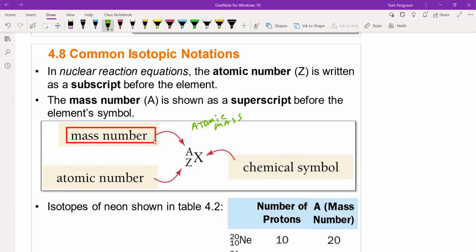You see atomic mass used more frequently. Atomic number is the number of protons.